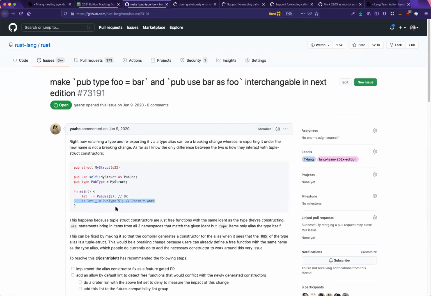If you have a macro that has the same name as the type, and you say pub type, it doesn't re-export the macro. In particular, it doesn't re-export the constructor function for tuple structs, so you can't do this. Oh, that's kind of annoying. So I guess the argument for why you might want it is pub use is doing too much and pub type is doing not enough, and there's no nice way for me to get exactly what I want.